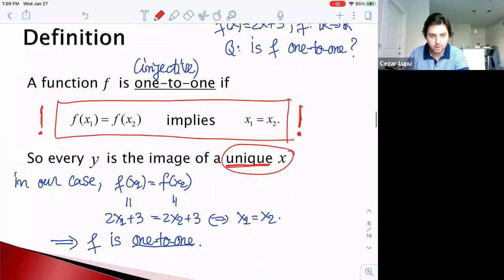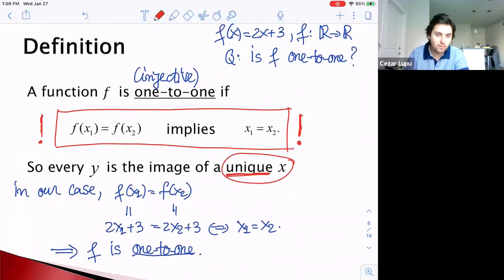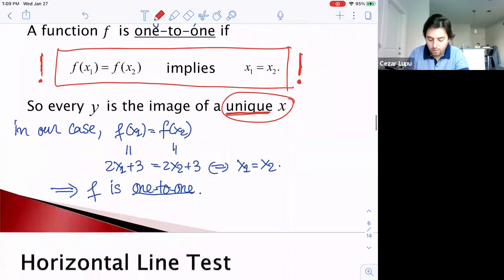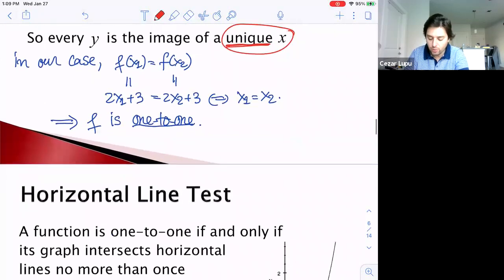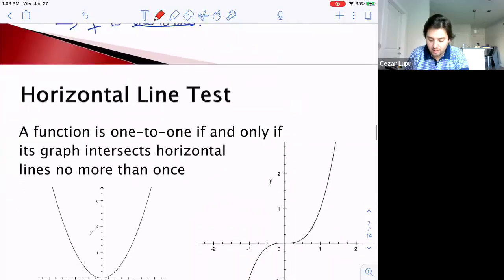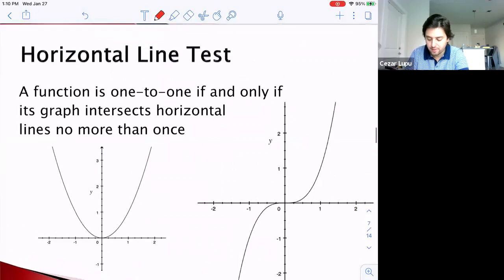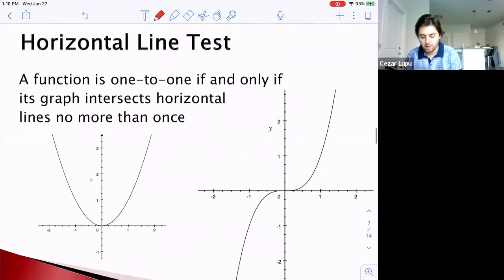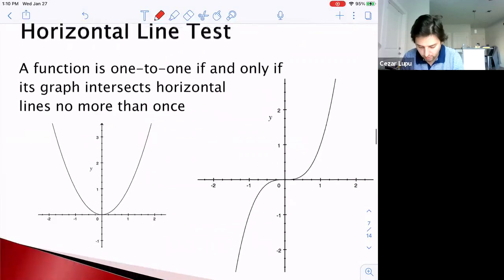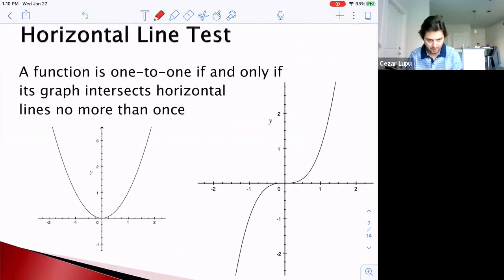In order to find an inverse, we need to check that f is injective, or 1-to-1, but we'll get there. Now let me tell you graphically how you will see that a function f is 1-to-1. This is what we call the horizontal line test.